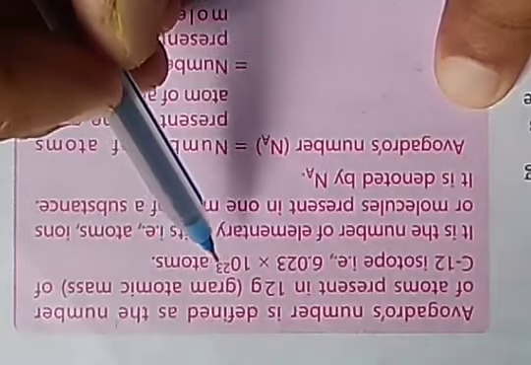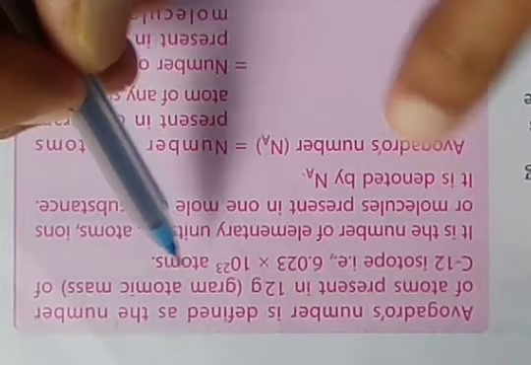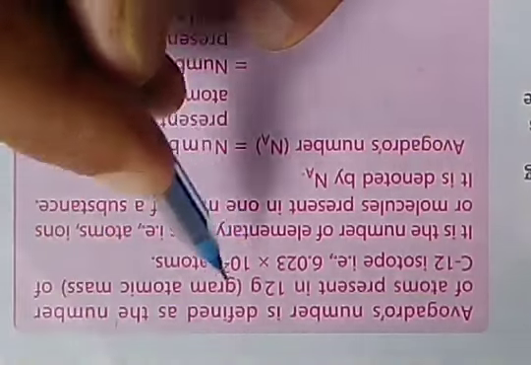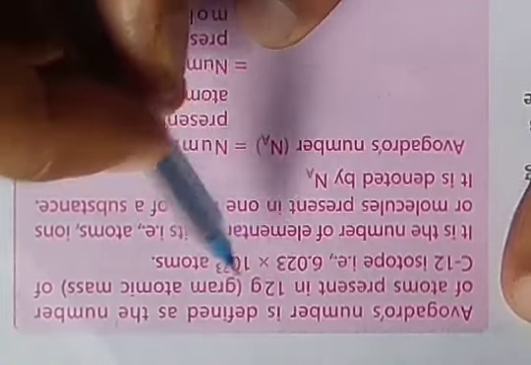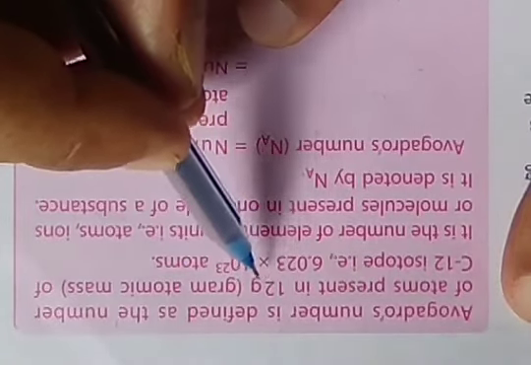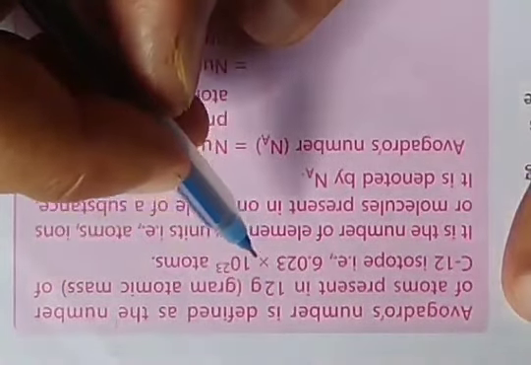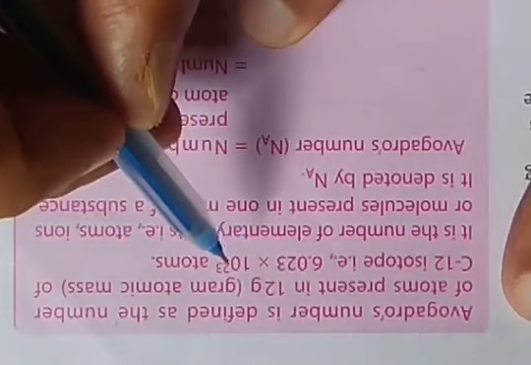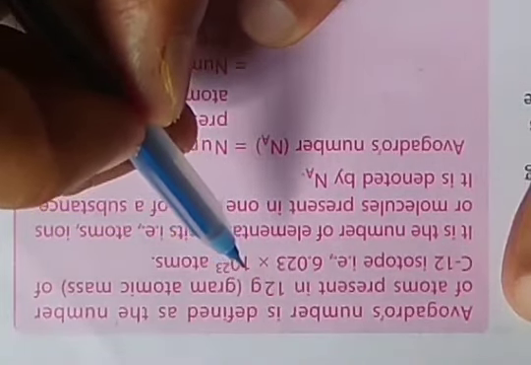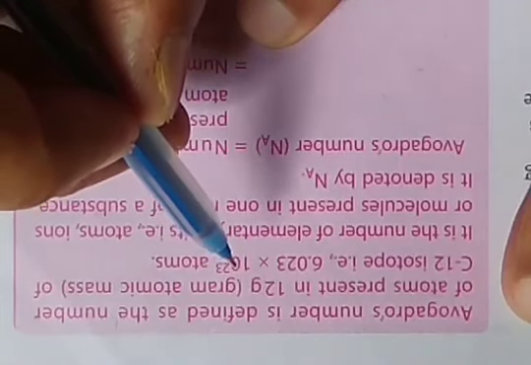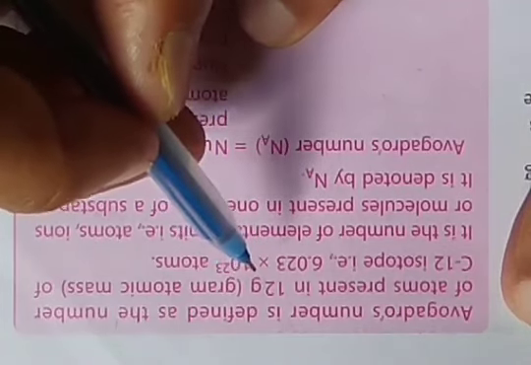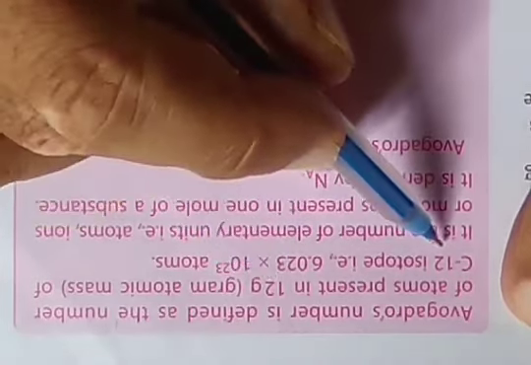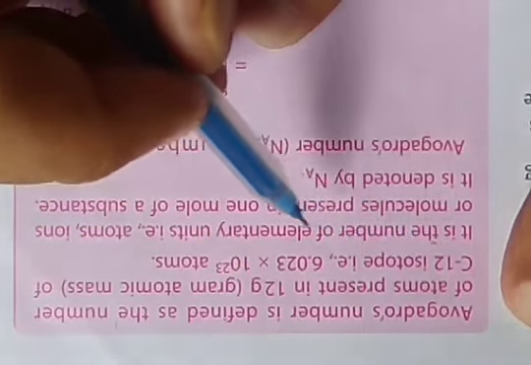If you have the atomic mass of one atom of carbon, then you can easily find how many atoms of carbon are present in 12 gram of carbon 12 isotope.